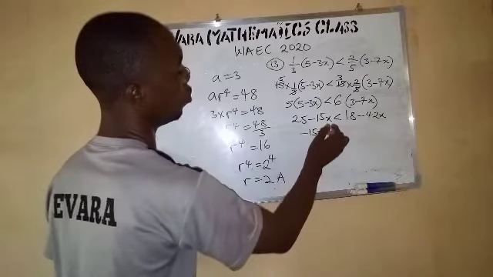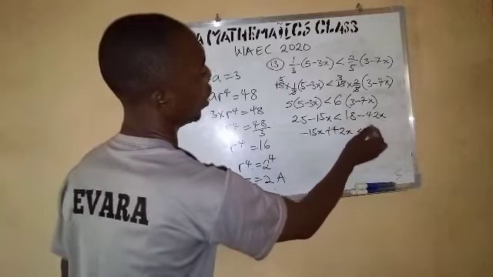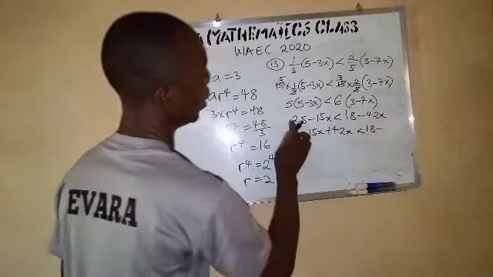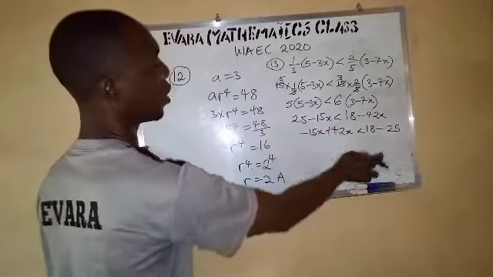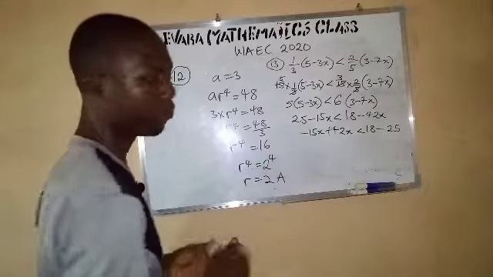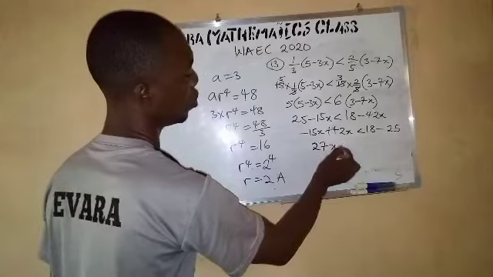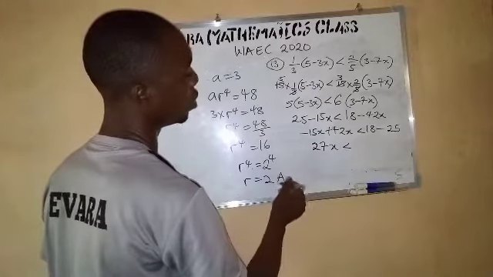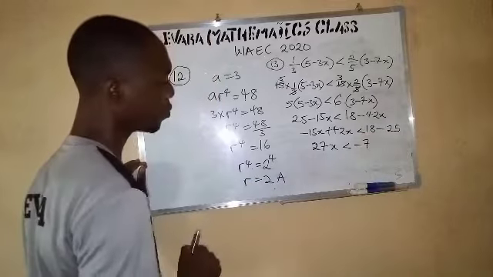This one will come here, it will become plus 42x. Then we have 18 minus 25. Don't forget, 25 is crossing to the other side, so it will become negative. So minus 15 plus 42, that is 27. 27x less than 18 minus 25, minus 7.